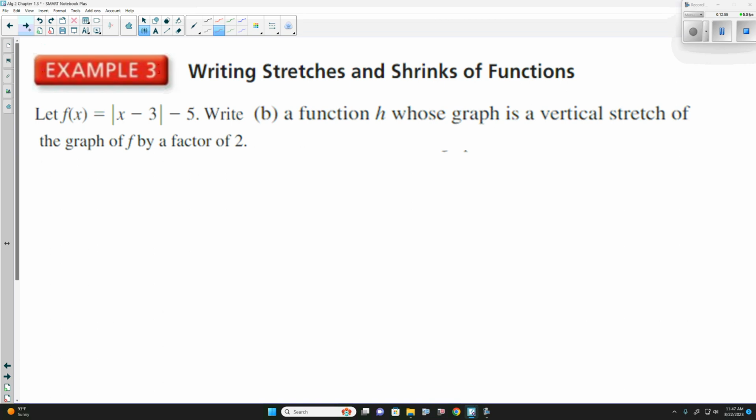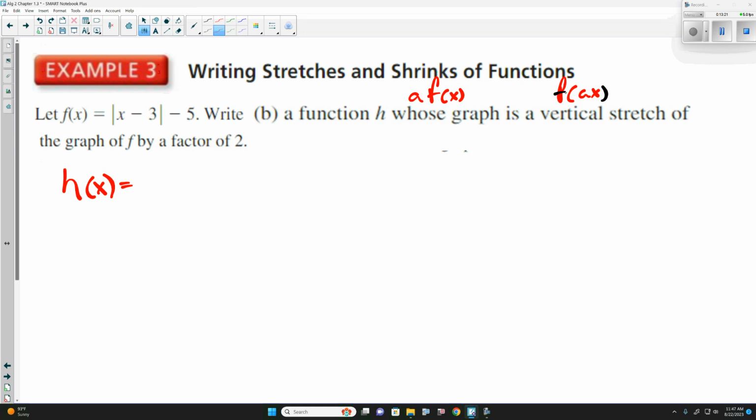Now the first one we want to look at with stretch or shrink is this one here. Write a function h whose graph is a vertical stretch of the graph of f by a factor of 2. Now if we talk about vertical stretch or shrink, and horizontal stretch and shrink, there's two forms. We have a times f of x and f of a times x.